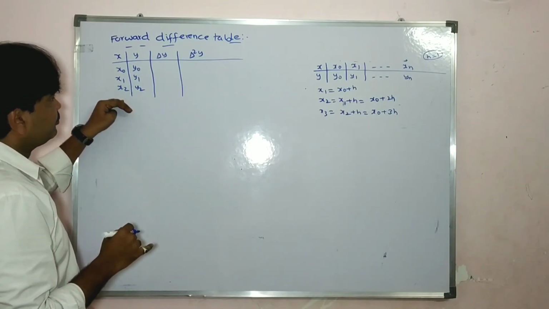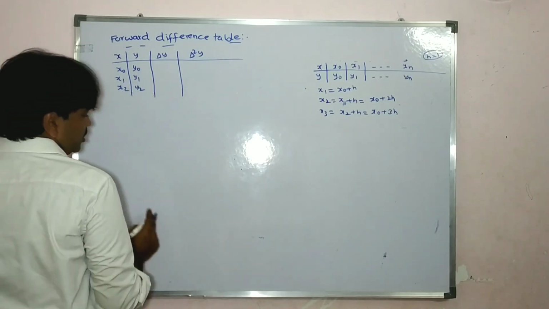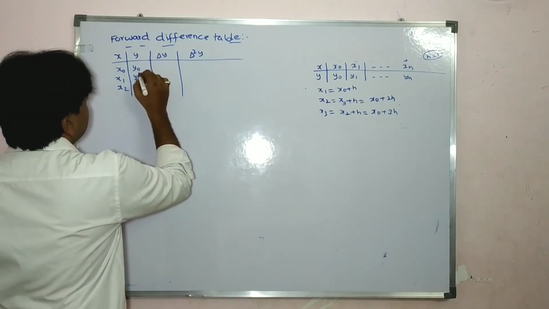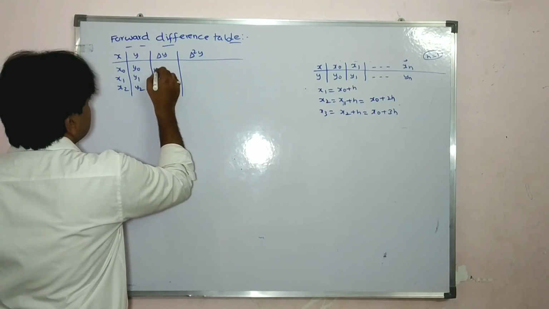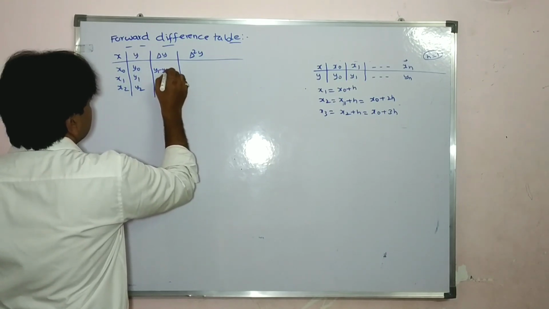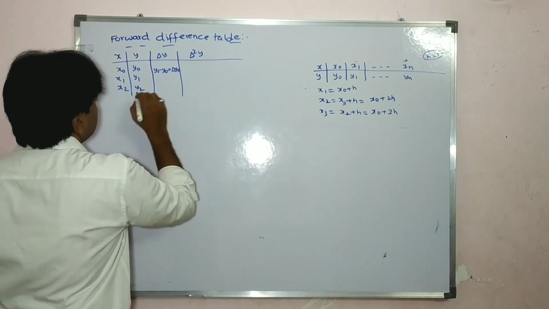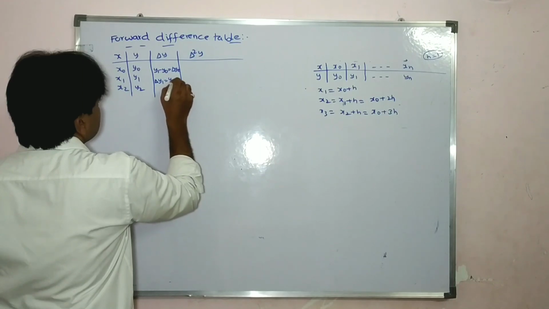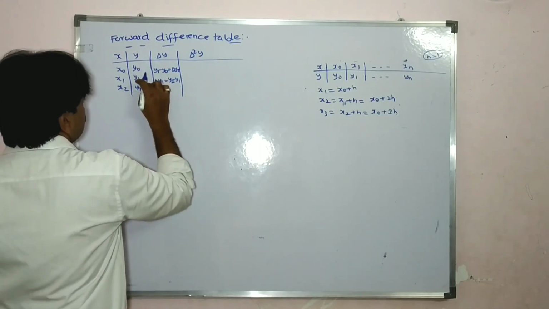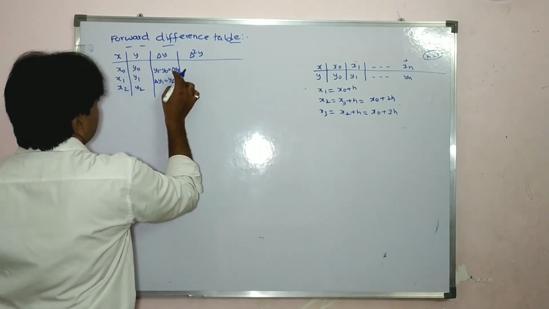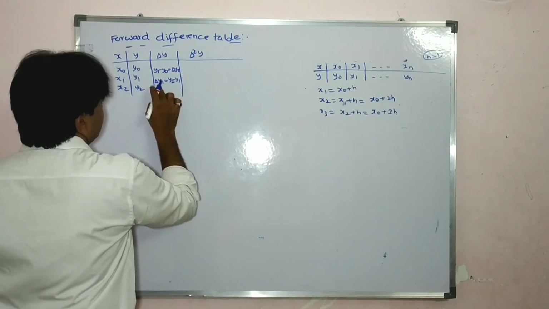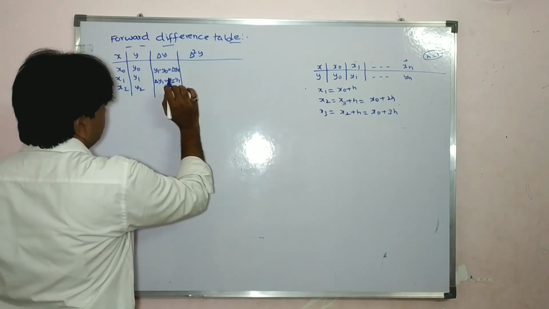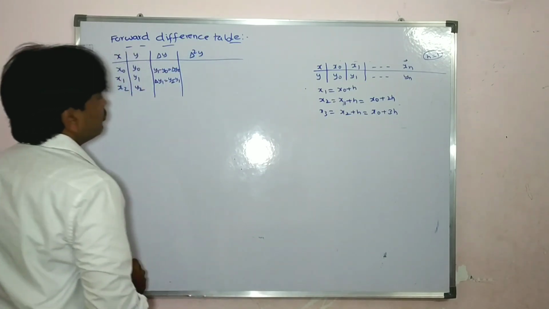Okay, students. Del y0, as previously discussed, is y1 minus y0. Del y1 is y2 minus y1. The difference of y1 minus y0 gives del y0, and y2 minus y1 gives del y1. Now see, students, del square y.